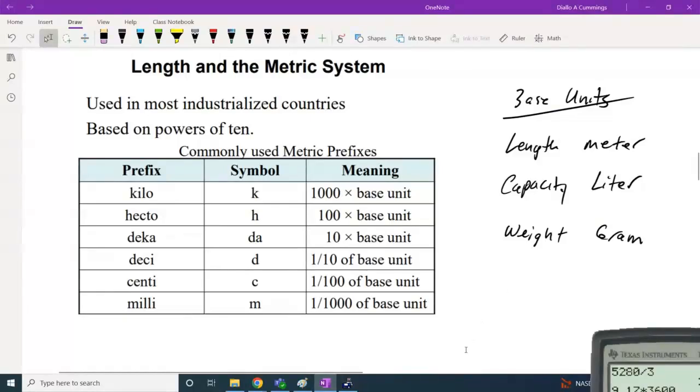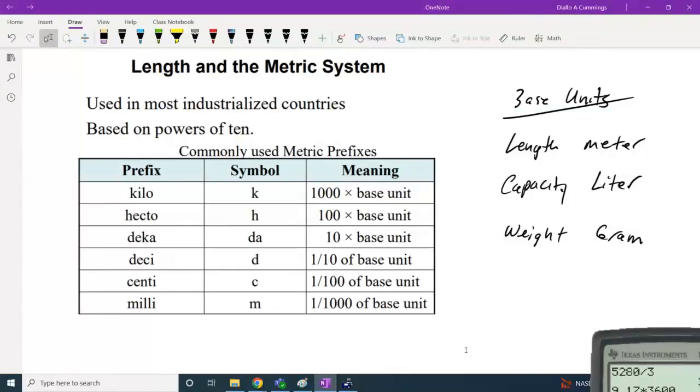All right, just as a reference, 1 gram is about the weight of a dollar bill or a paper clip. For capacity, a liter is about a 1-liter soda.